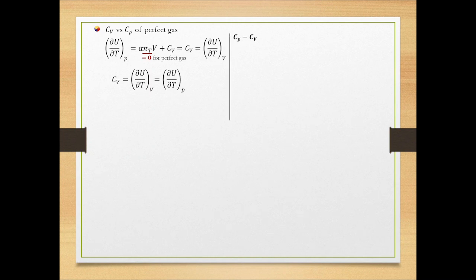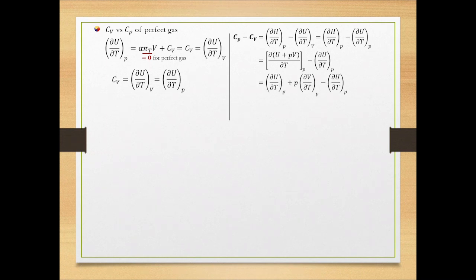The numerical difference between Cp and Cv is equal to the first partial derivative of H with respect to T at constant P minus the first partial derivative of U with respect to T at constant V. As we just proved, the first partial derivative of U with respect to T at constant V is equal to the first partial derivative of U with respect to T at constant P. So we can replace the derivative with the first partial derivative of U with respect to T at constant P. Since enthalpy is defined as U plus PV, it can be written as the first partial derivative of U with respect to T at constant P plus P times the first partial derivative of V with respect to T at constant P minus the first partial derivative of U with respect to T at constant P. The first and third terms are cancelled.